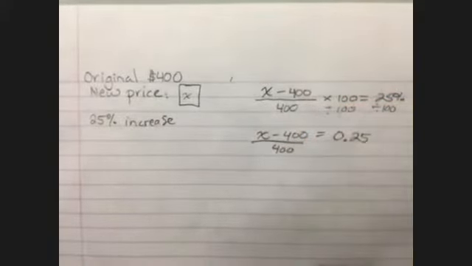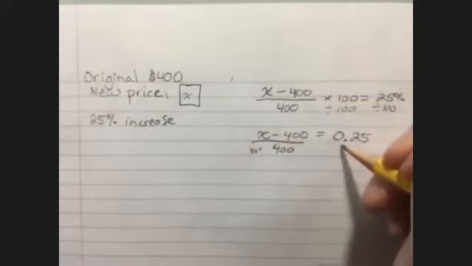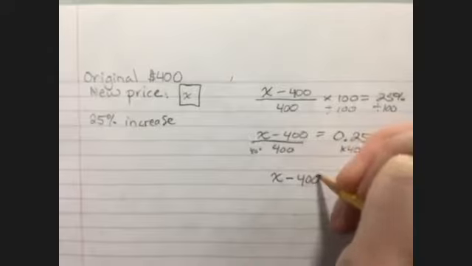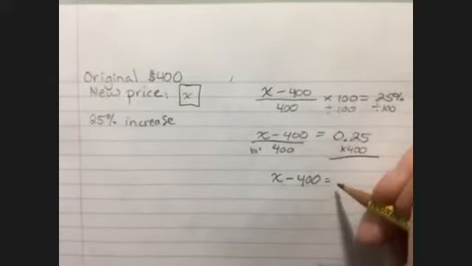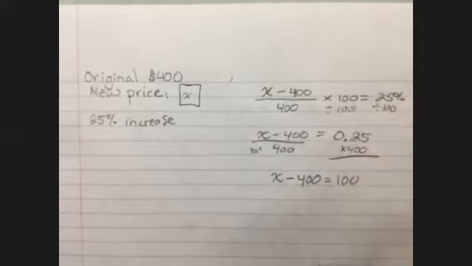Now what you need to do is get the 400 out from the bottom, from the denominator. So you must times both sides by 400. That there gets you 100. 0.25 times 400 is 100.